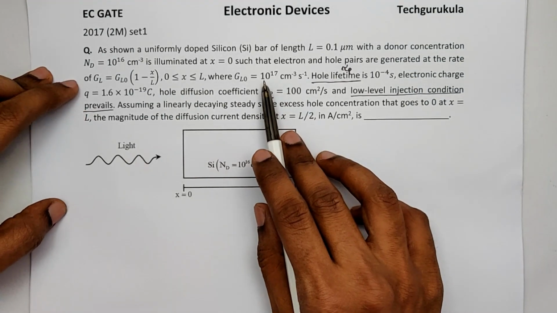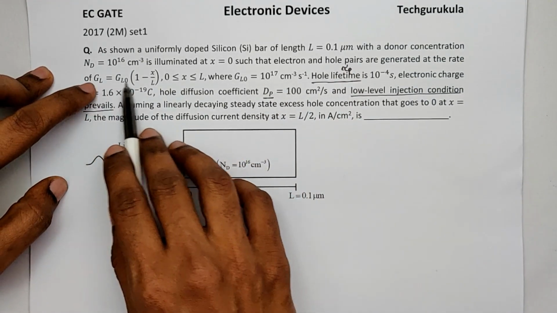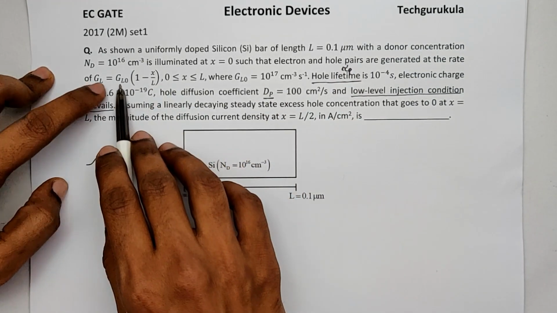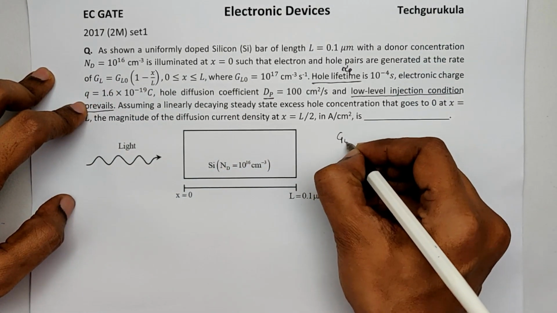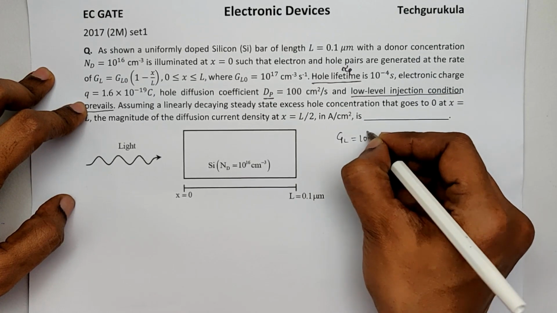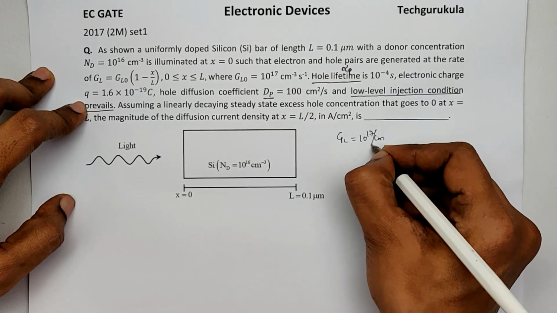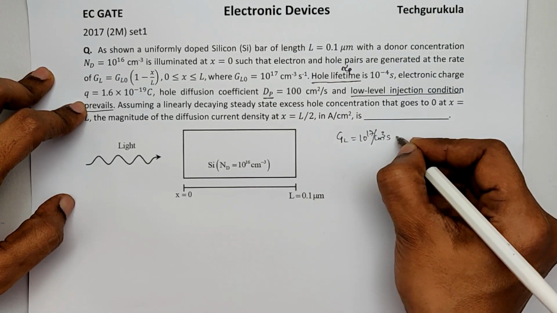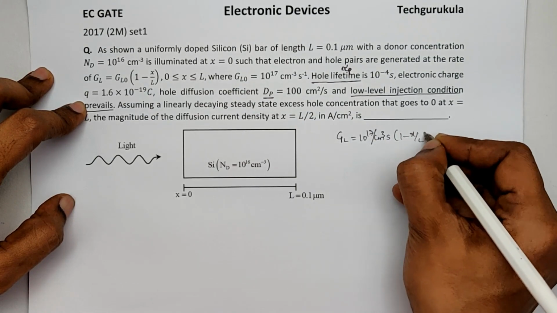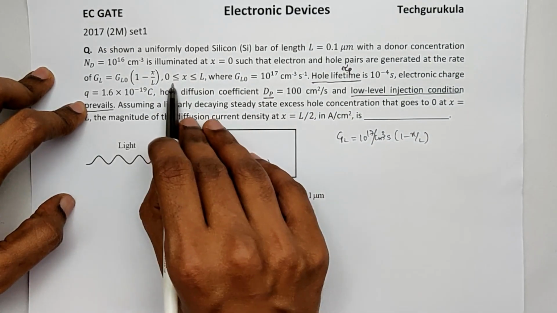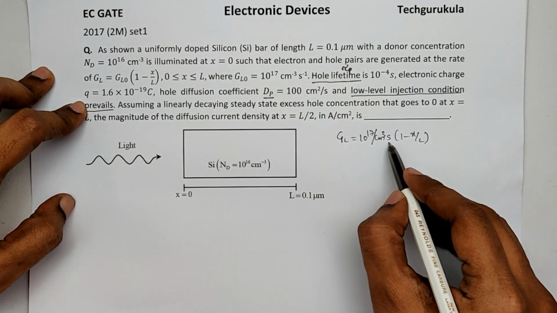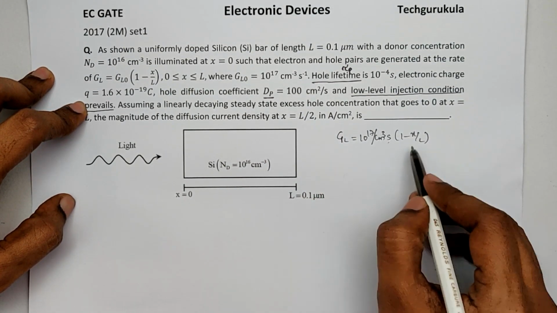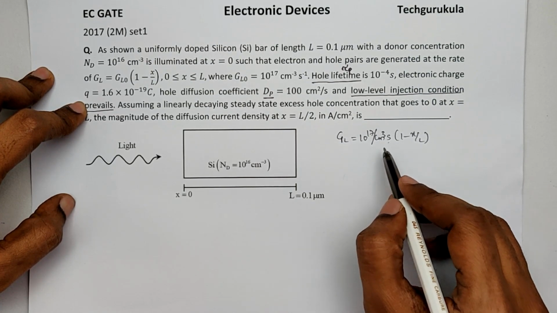So how many electron hole pairs were generated? That is this generation rate given. So let me substitute the GL naught here. GL is equal to 10 power 17 per centimeter cube second times 1 minus x over L, of course given within this range. Now, this tells per unit time. So we need to find it irrespective of time, so that it will be per unit volume.